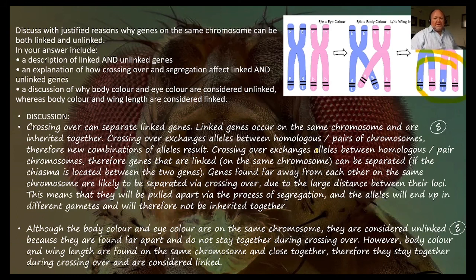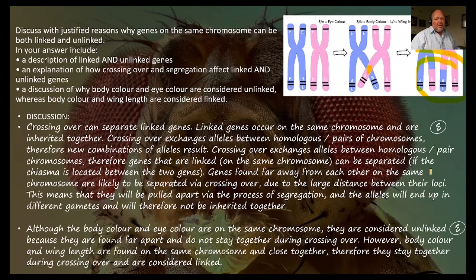Crossing over exchanges alleles between homologous chromosomes. Therefore, the genes that are linked on the same chromosome can be separated if the chiasma, remember that's the point of crossing over, which is this point right there, is located between the two genes.